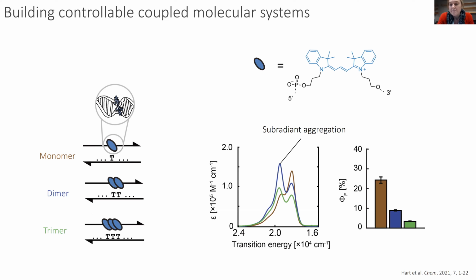This gives us a handle for saying that we have a controlled extent of aggregation, going from a monomer to a trimeric structure, and gives us a base going forward in hopes that at some point we can work towards generating some of these very nice multi-excitonic or multi-chromophoric systems that are seen in natural light harvesting.